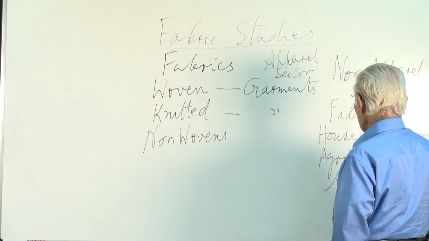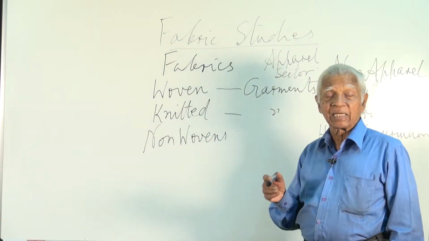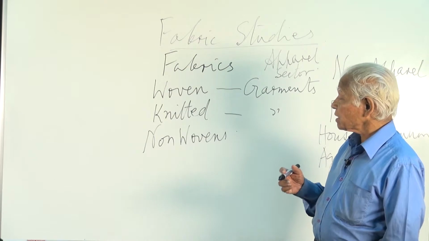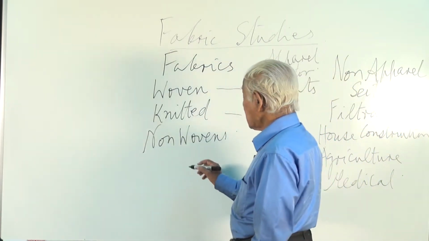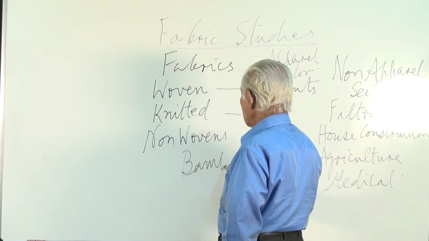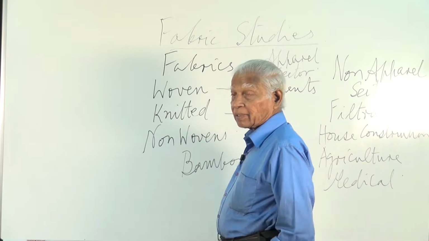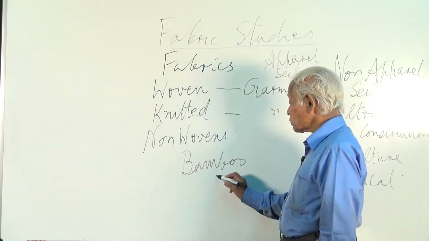A number of items are considered for use as medical textiles because of the fact that textile materials have very good absorbent characteristics. For example, today these bamboo fibers have been marketed. They are nothing but viscose fibers, but endowed with antimicrobial effect.